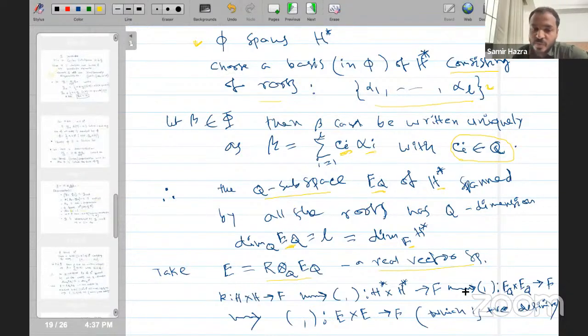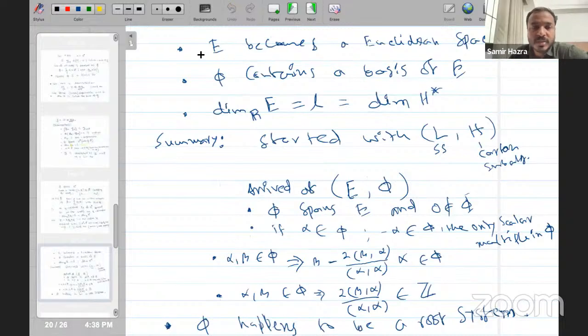And from E_Q, we can transfer the same bilinear form to E_Q tensor R, which is E. And this on E becomes positive definite. So basically E becomes a Euclidean space.